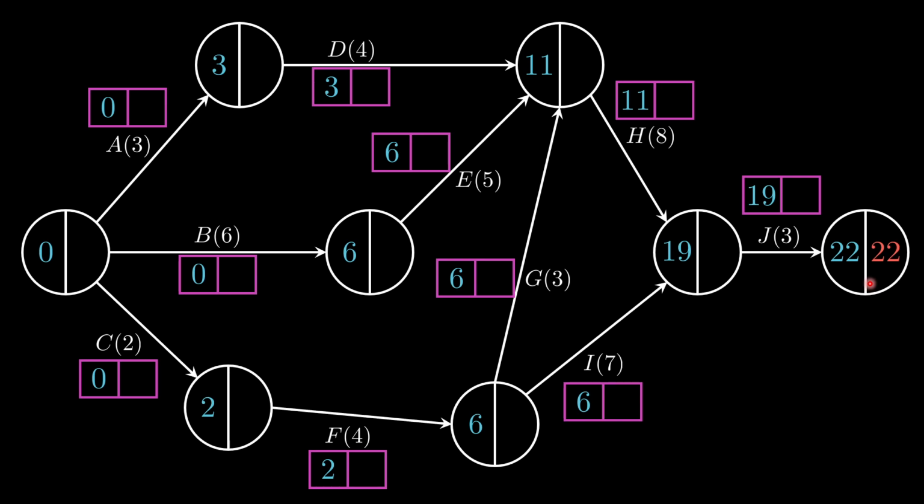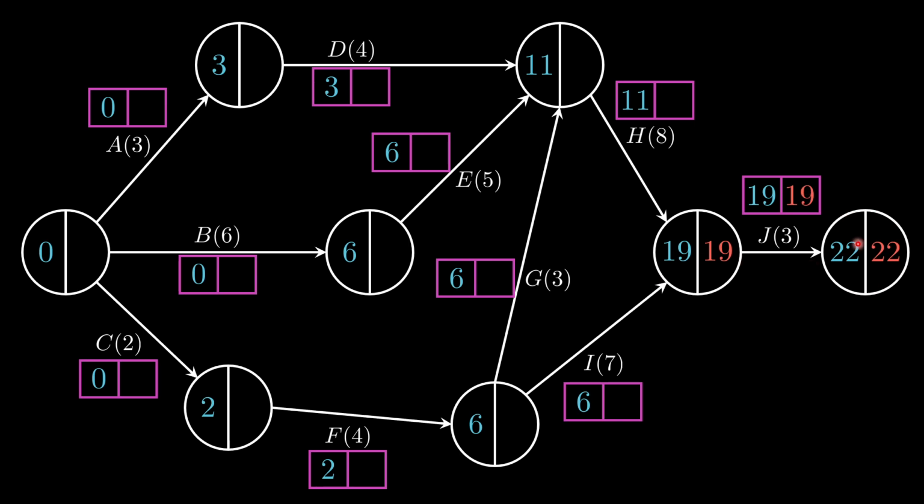We have to, which means that J has no other choice. He has to start on day 19 because it'll take him 3 days and we have to finish on day 22. So he's got to start on day 19. What that means is that we have to be at this checkpoint here on day 19 in order to do J and finish.